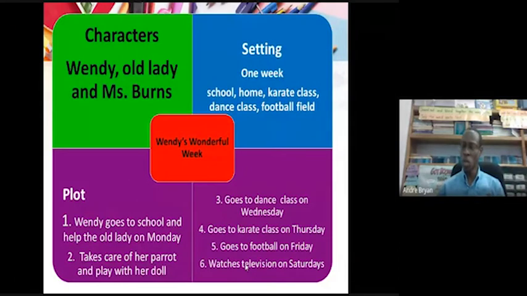So on a Monday, Wendy goes to school and she helps the old lady who lives next door. She also takes care of her parrots and plays with her dog. Now that happens on a Tuesday, but on Wednesday we see that Wendy goes to dance class.